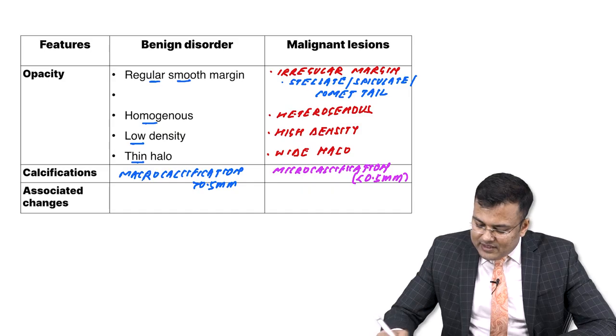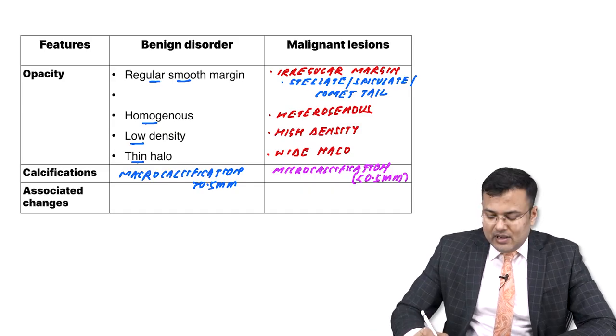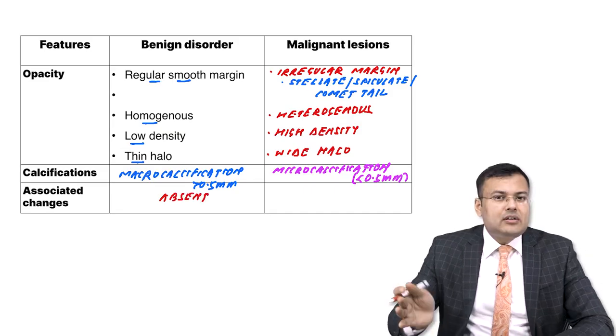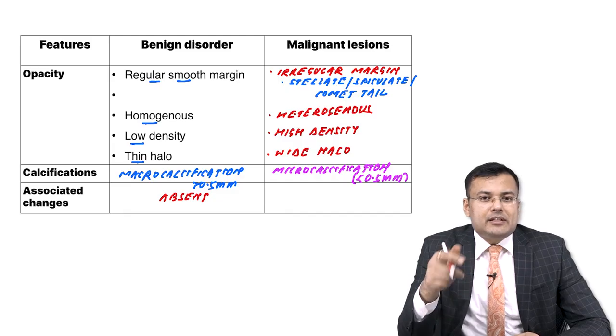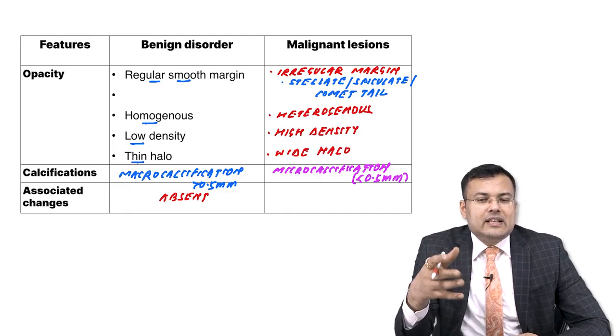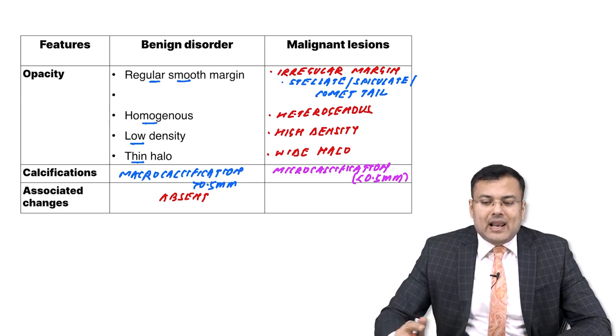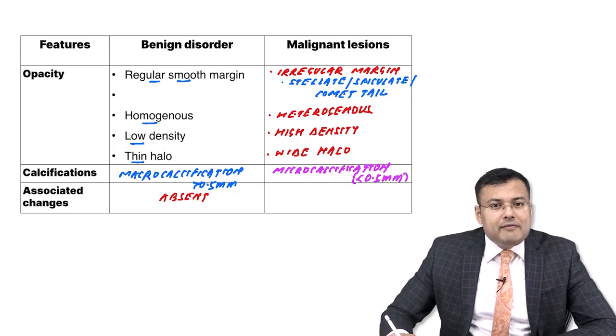After that, see the associated changes. Usually, associated changes are absent in benign disorders. The associated changes seen in carcinoma breast, as we discussed, are nipple retraction, skin thickening, and obliteration of retromammary space. These will be seen in malignancy. I'm repeating, very important.